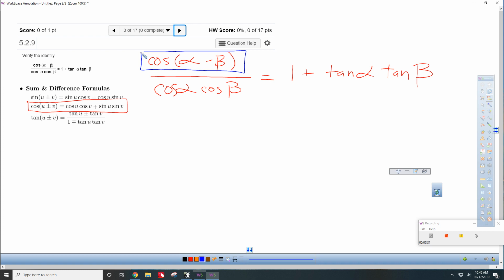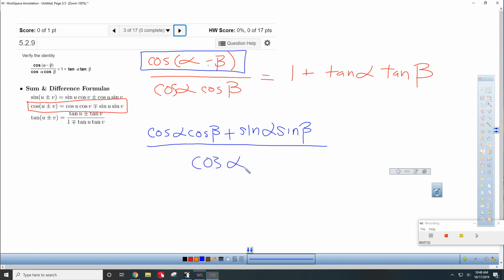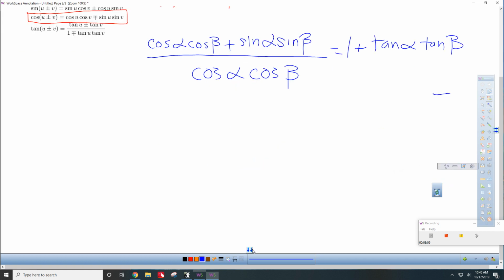Cosine of alpha minus beta is cosine alpha cosine beta, plus, we got to do the opposite of that sign, sine alpha sine beta, all over cosine alpha cosine beta. And we're trying to prove that equals 1 plus tangent alpha tangent beta. All right. Well, what can we do with fractions? We can separate them by their denominators.